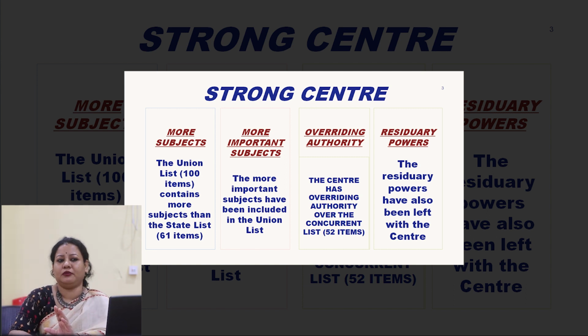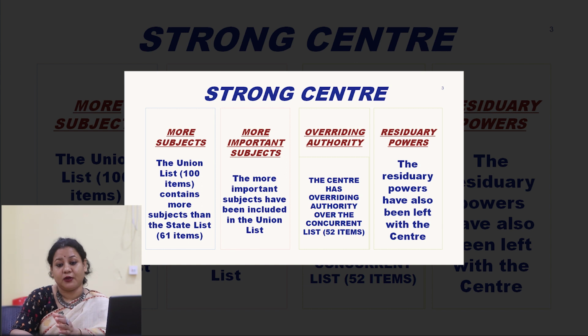Okay, so in various sources you will get various answers. But I would like to tell you, refer to some very authentic source, for example, Laxmikanth's book on the Indian Constitution. There you will see the original one and at the same time the current one. Okay, so originally the union list had 97 subjects and currently 98 subjects.